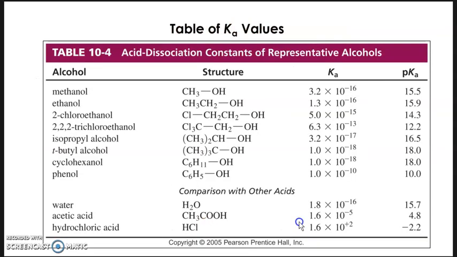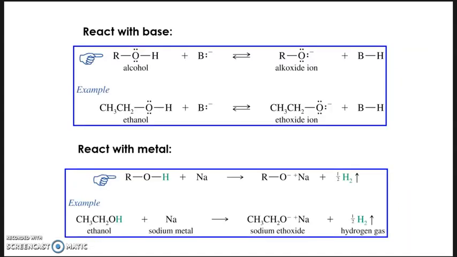This table compares a few compounds. Take note of methanol, ethanol, phenol, and water. You can see that the pKa values are very different from each other. Because of this acidity, alcohol and phenol can react with base. What kind of base can react with this kind of compound?